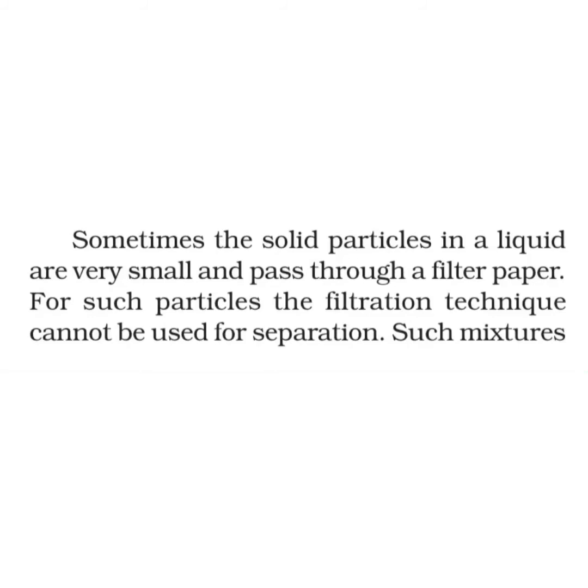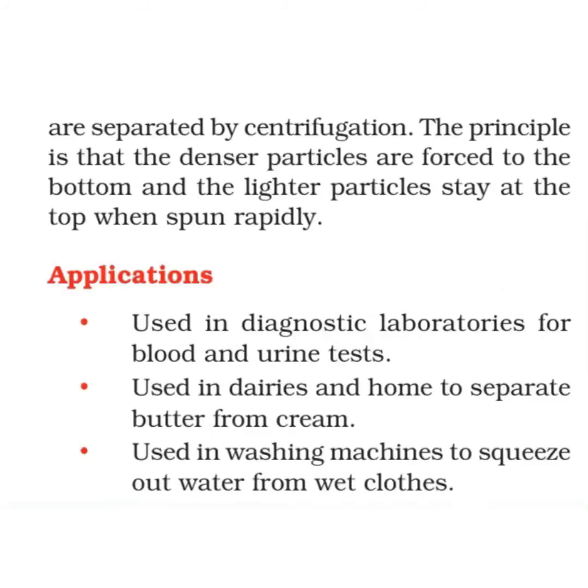Such particles cannot be separated by the filtration technique and such mixtures are separated by centrifugation. The principle is that denser particles are forced to the bottom and the lighter particles stay at the top when spun rapidly.